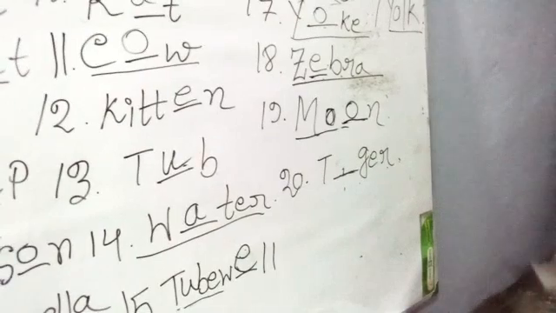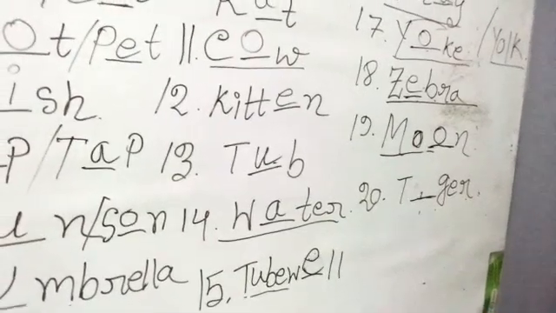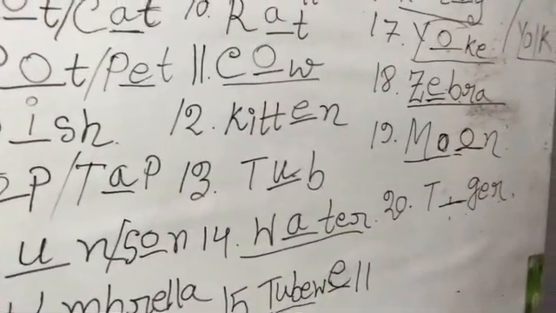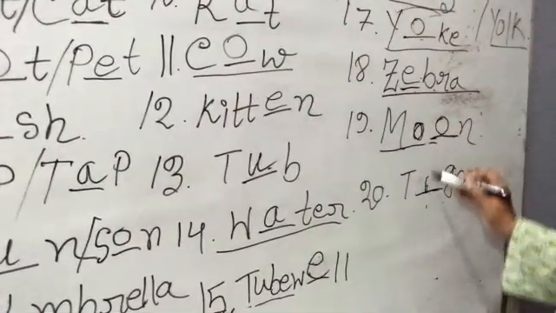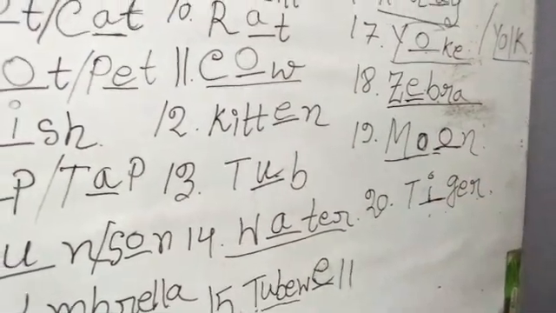If you put U, does it make any sense? No. If you put A, does it become a new word? No. If you put E, again there is no word like that. But if you put I here, then it becomes the name of an animal, and it is tiger. Okay, so these were some of the words.